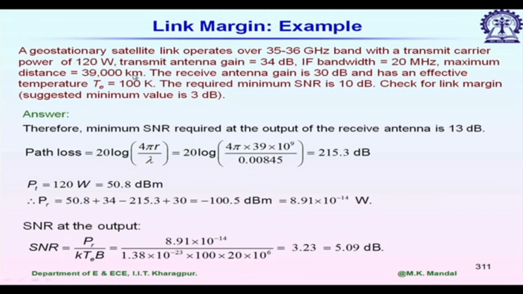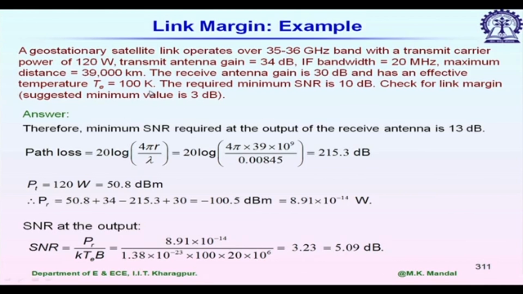So, it is a geostationary satellite. Typical separation is 36,000 kilometer, but it can change with time, and here it is considered maximum value as 39,000 kilometer.